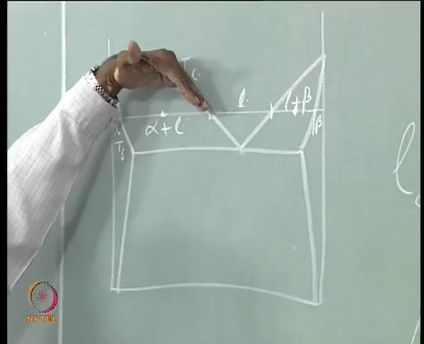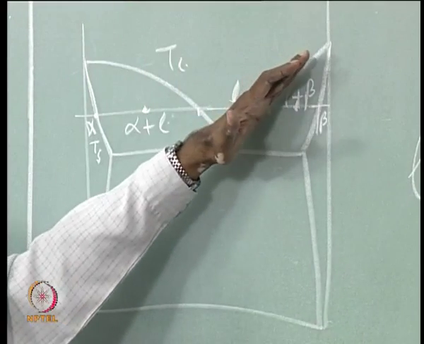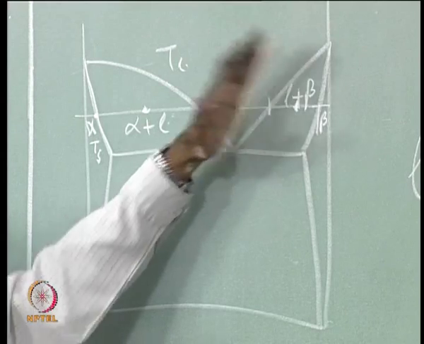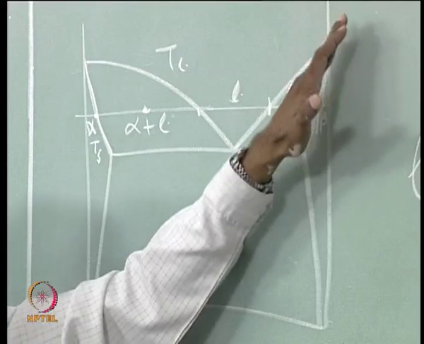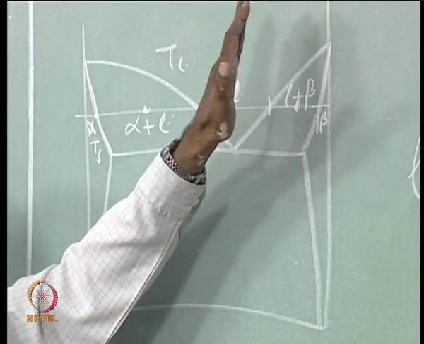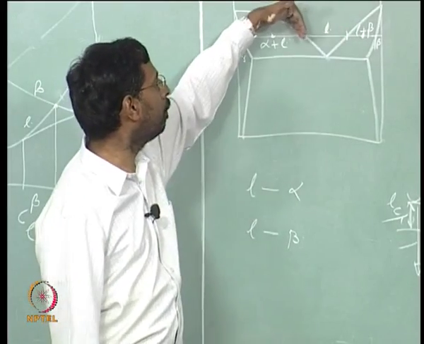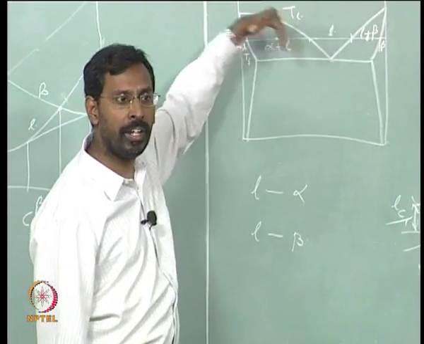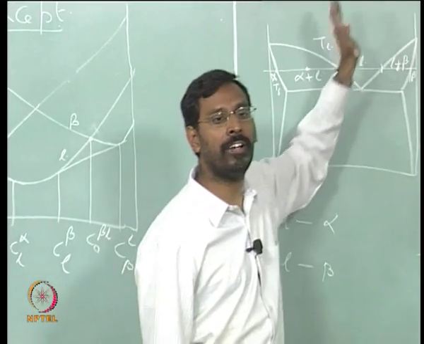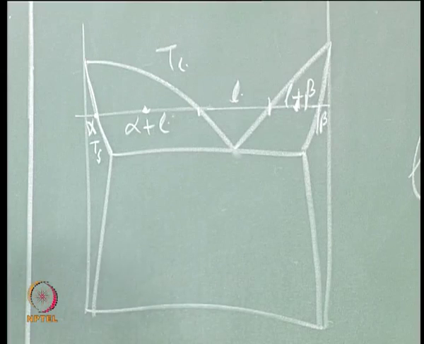This is what we call alpha liquidus, this is what we call beta liquidus. Similarly, this is alpha solidus, this is beta solidus, just to differentiate, because on this side it is liquid in equilibrium with alpha, on this side it is liquid in equilibrium with beta, just the terminologies I want you to know.